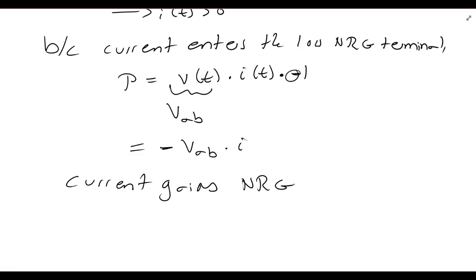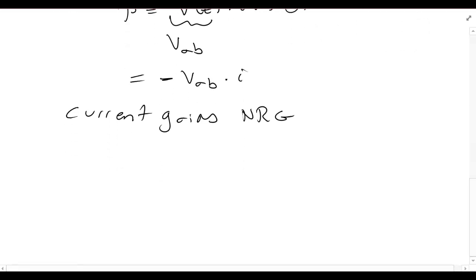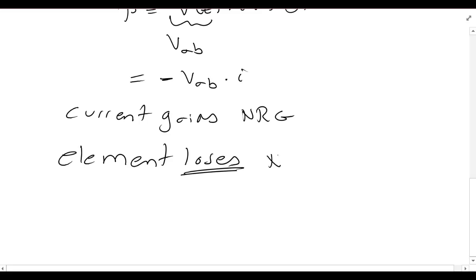If the current gains energy, the element must lose energy. That's where that negative sign comes in. The element is losing energy at a rate of negative VAB times I. This is how quickly it's losing energy to the current.